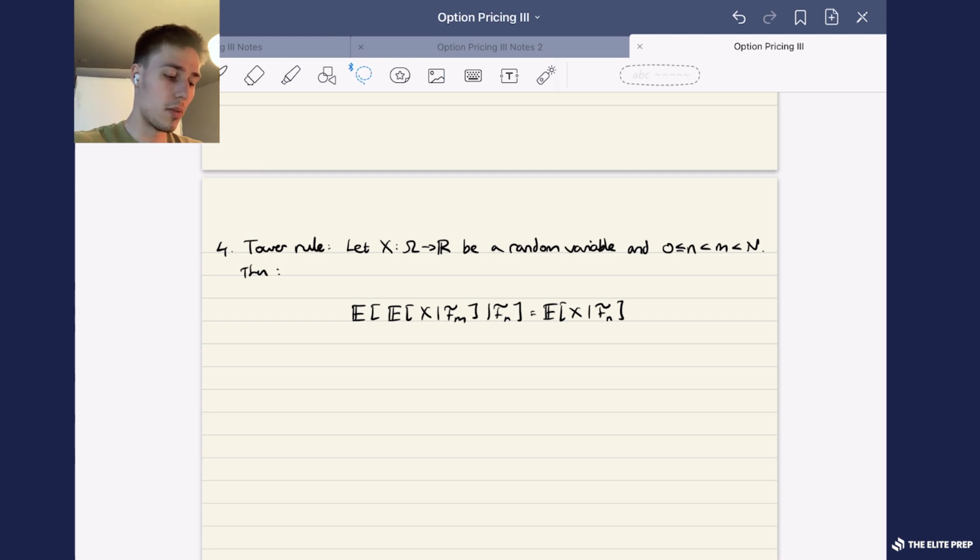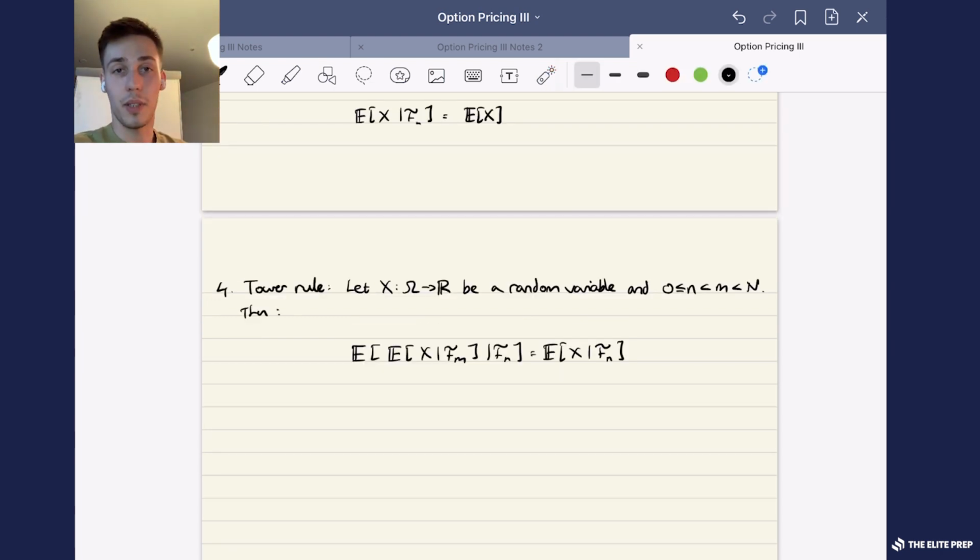So if n is earlier than m, then the conditional expectation given the filtration up to time n of the conditional expectation given the filtration up to time m is just equal to the conditional expectation given the filtration up to time n.